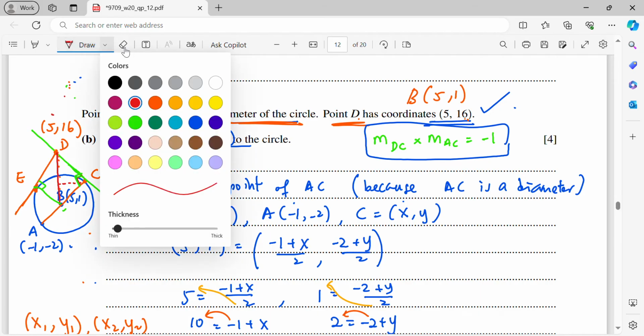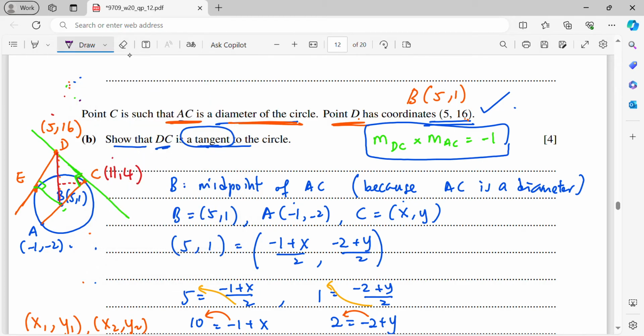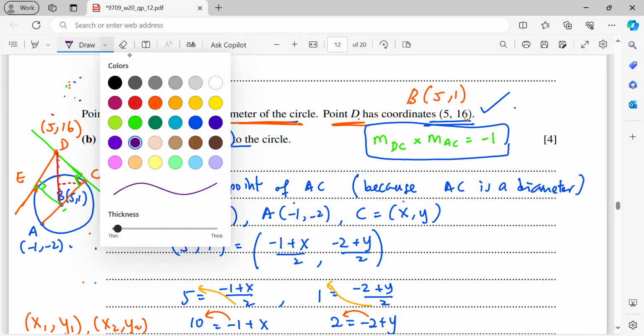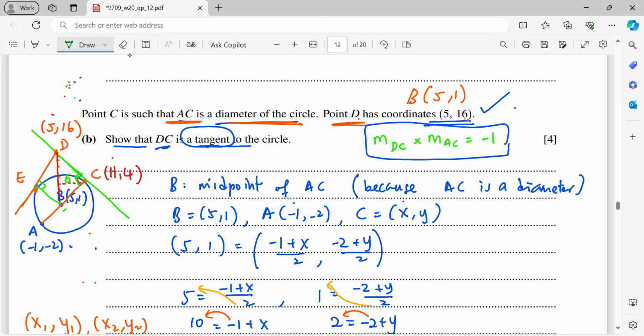That means here is 6 units to the left. It will be the same triangle because both are 90 degrees. Then for the Y coordinates, 4 to 16 means going up 12 units.